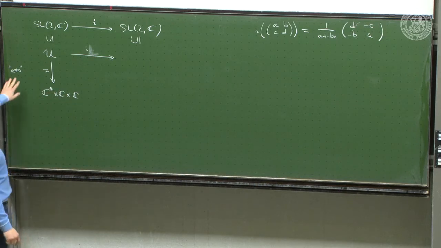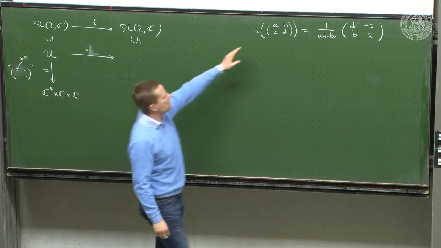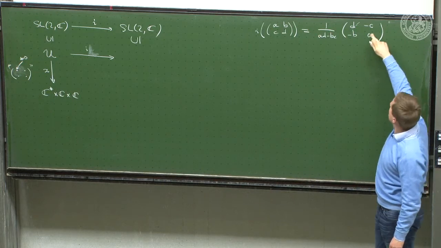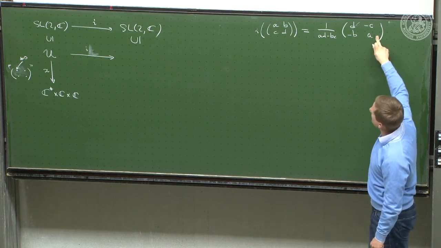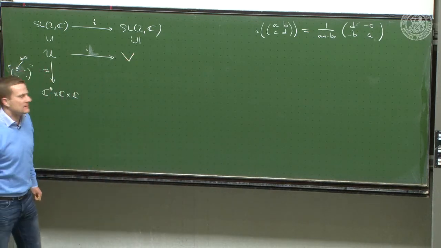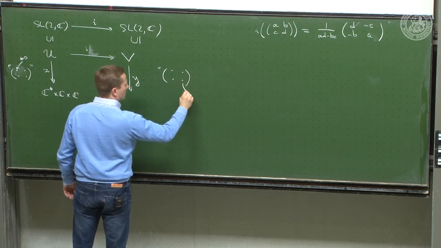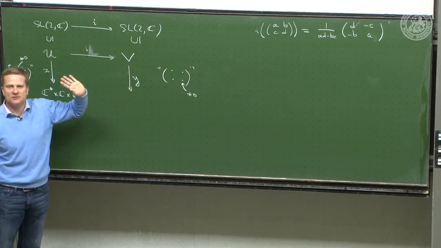And now you see, if you start in the U chart where the entry here is non-zero, you take this ABCD and you map it to here, but now in the result you only know the lower right entry is non-zero, and we had this chart which we didn't need necessarily at the time, but which I called V. That was the chart that came with the chart map Y, and that was the one where this entry was allowed to be non-zero, and that's of course exactly what you get as the image.